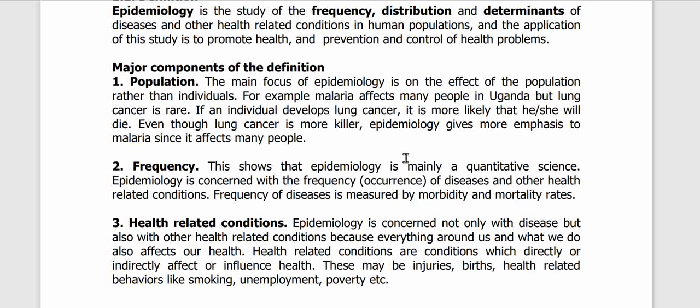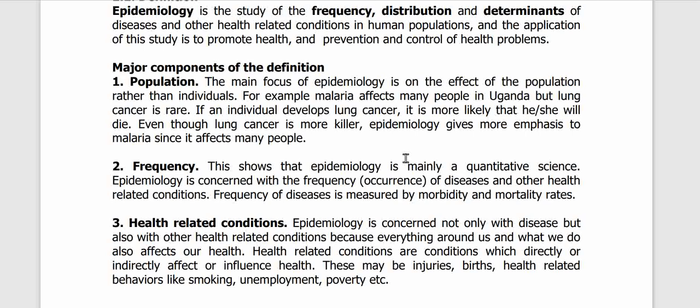So epidemiology is concerned with the frequency or occurrence of diseases and health-related conditions. The frequency of disease is measured by morbidity and mortality rates. When the rate of morbidity is very high, that means the rate at which people are falling sick is very high.